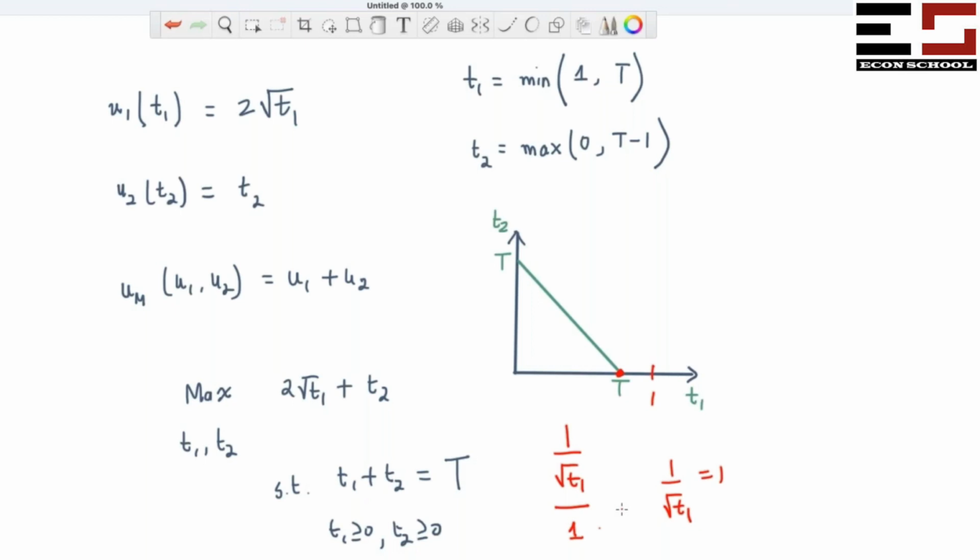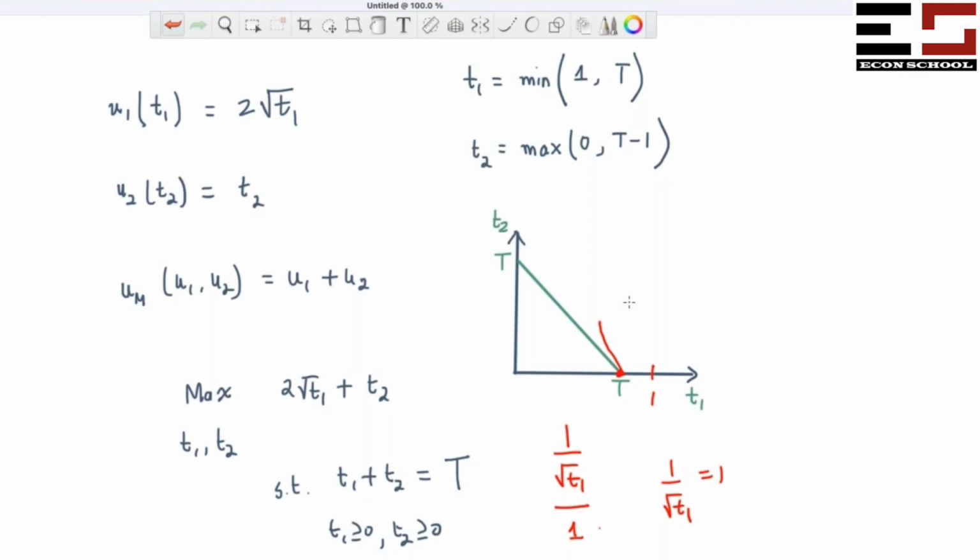Since T is less than 1, root T is also less than 1, and therefore 1 upon root T is greater than 1. So that means at this point the IC will look like this, not like this. It's still downward sloping, but this slope is 1 in absolute terms, and the mother's IC is steeper.